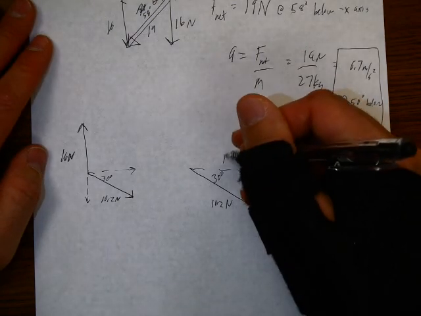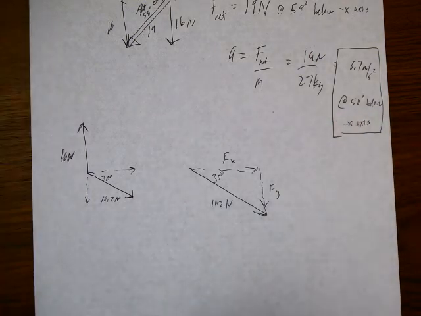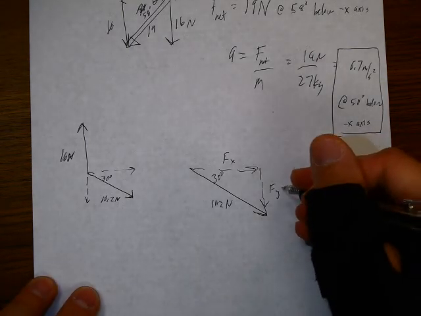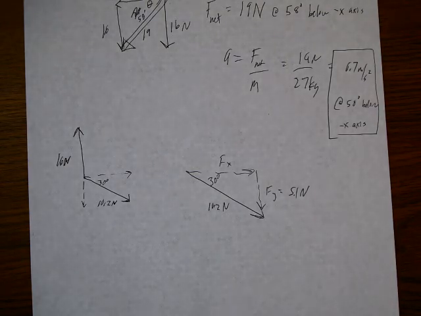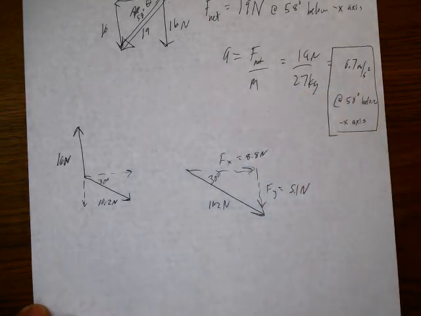So let's call this the force in the x and the force in the y. So right, we go 10.2 times the sine of 30, and that is 5.1 newtons for this guy. And we go 10.2 times the cosine of 30, and we get 8.8 newtons for this guy.